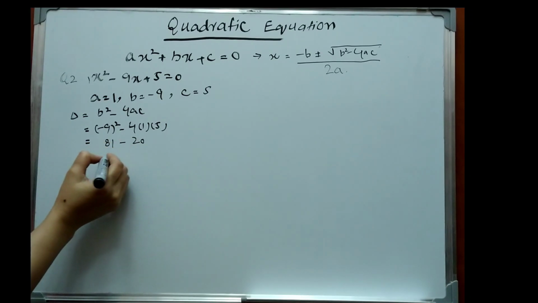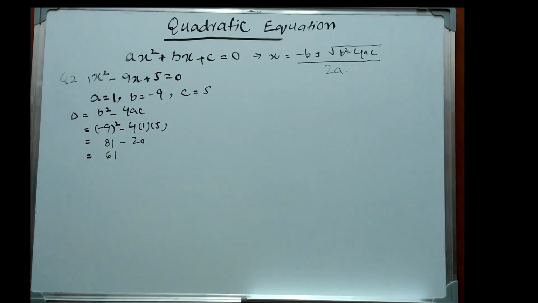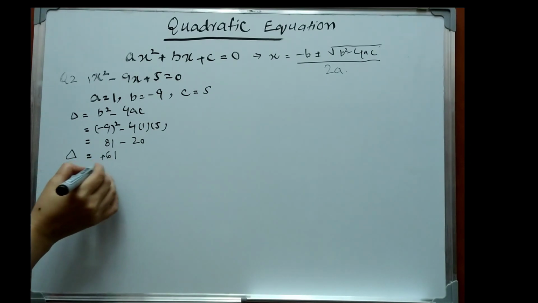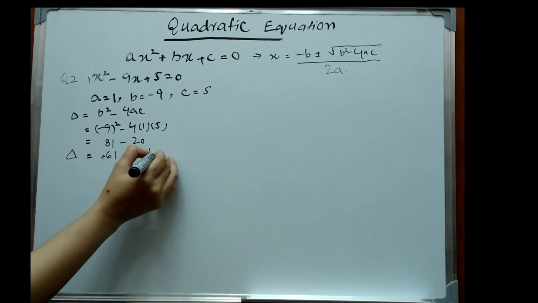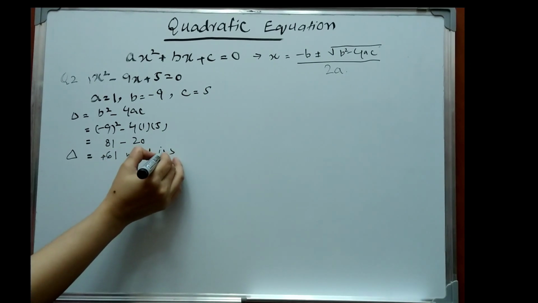Subtracting these two values, we obtain 61. The value of delta is plus 61, which is greater than 0.